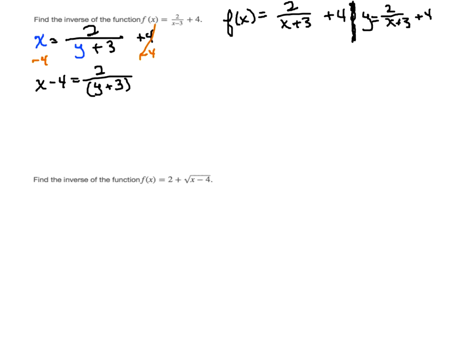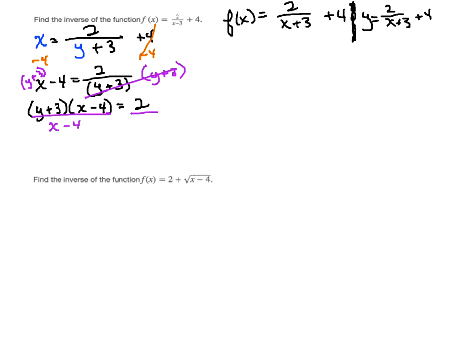That Y plus 3 is a unit right now. And so to get rid of that out of the denominator, I need to multiply both sides by Y plus 3. Y plus 3 comes out of the denominator there. So far I have Y plus 3 times X minus 4 equals 2. So I'm going to get that entire factor of X minus 4 off of there.